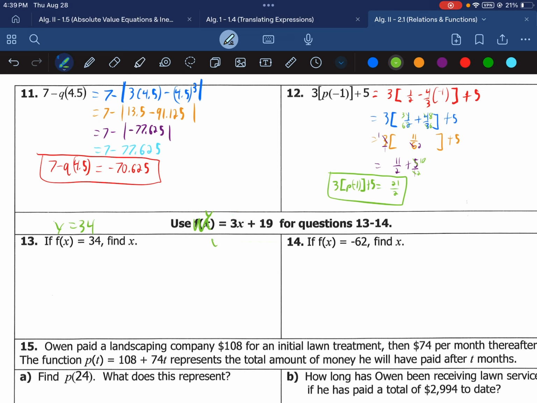So we'll do that exact same thing here. I'll showcase that real quick. It would have been 34 equals 3x plus 19. And that's exactly what happens here. We take f of x equals 3x plus 19 and just swap out f of x for 34 since we're told they're equivalent.